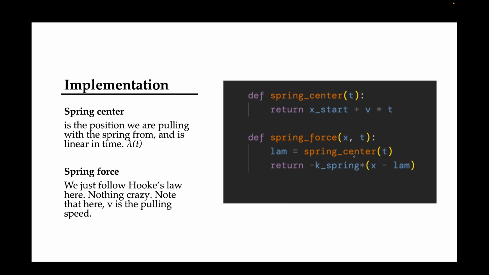And our spring force is essentially going to be Hooke's law applied to the difference between the actual position of the particle x and lambda. And so this is pretty simple. There's nothing crazy going on here, right? We're just pulling on the particle with the spring constant k, and we're pulling based on x minus lambda, that distance that our spring is stretching. If this k is stiff, this should be really small. This should be really close.